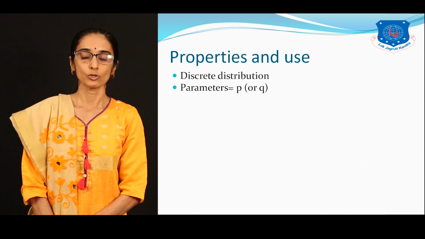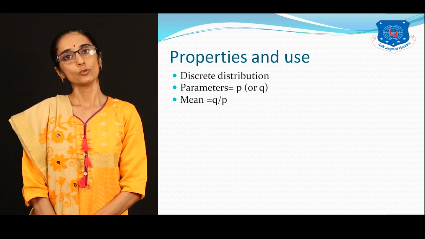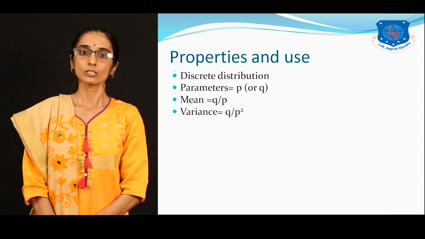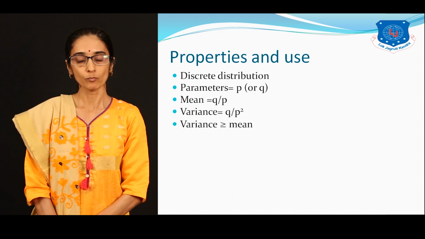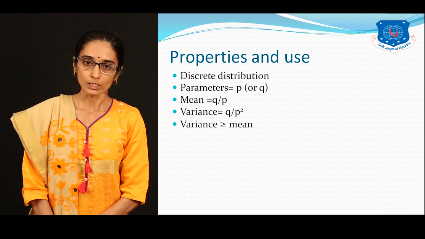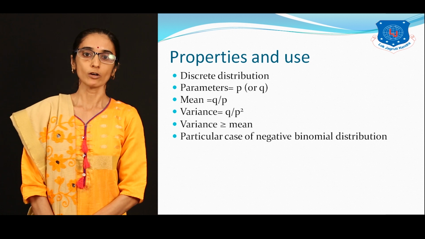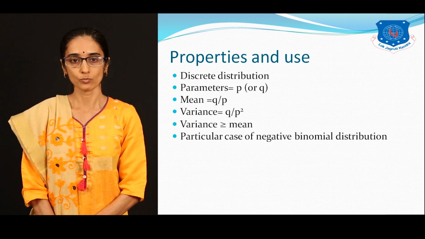Now mean is Q upon P, variance is Q upon P square, and variance is always greater than or equal to mean. Now this is a particular case of negative binomial distribution.